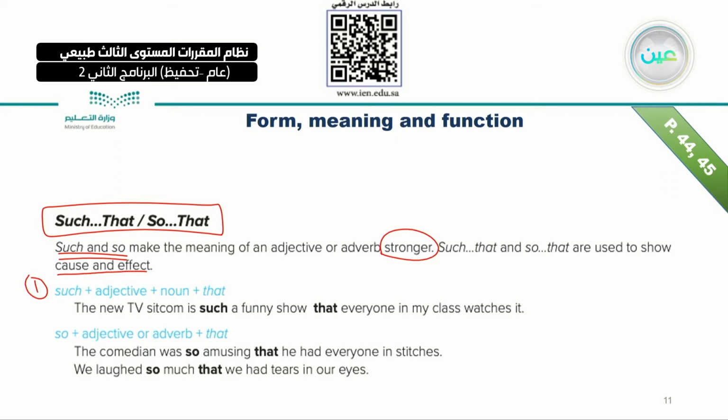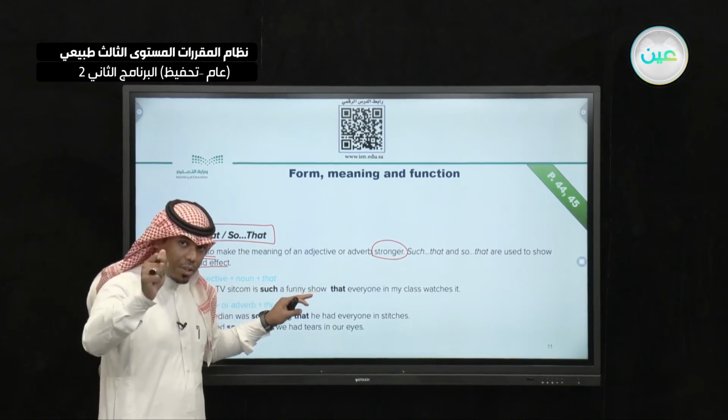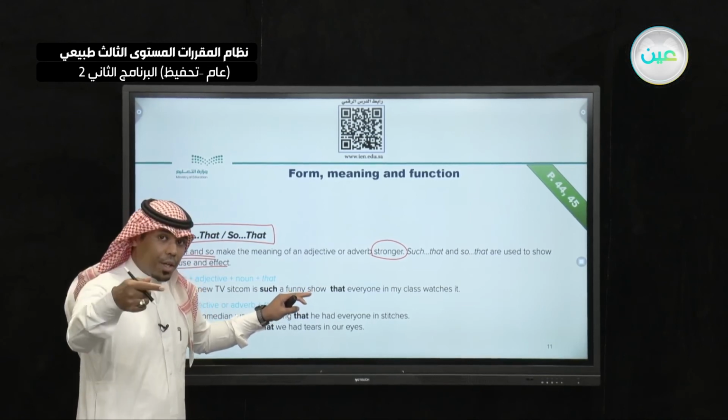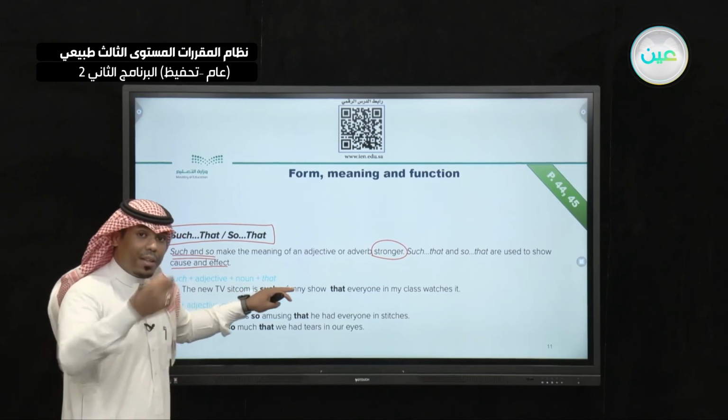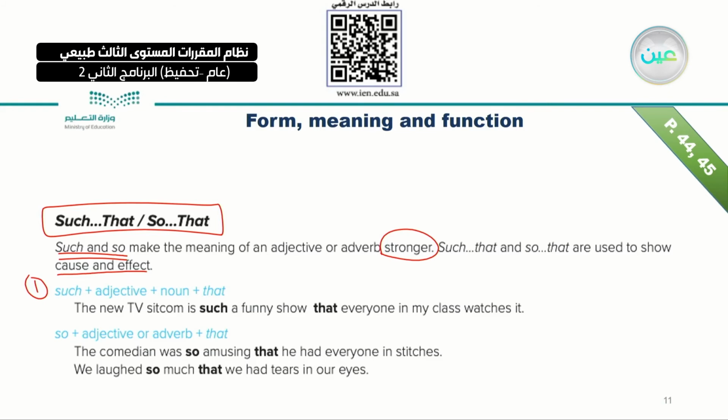For example, the new TV sitcom is such a funny show that everyone in my class watches it. Can you identify where the adjective is in this sentence? Funny is the adjective. What about show? Noun. Very good.